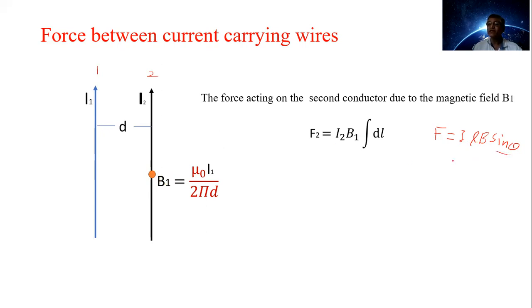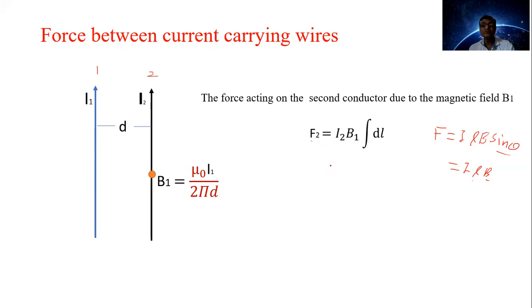Sin 90 becomes 1, and hence we get ILB. I is the current, L is the length of the conductor, and B is the magnetic field. And hence the force acting on the second conductor is F2 is equal to I2, the current flowing through it, B1, the magnetic field produced due to I1, and integral of dl, that is the total length of the wire.